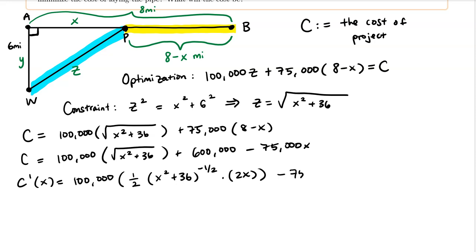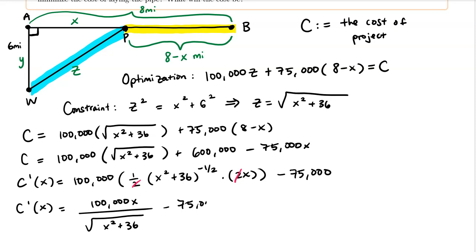And lastly, we have minus 75,000 here. So this 2 and this 2 will cancel out. And if we clean this up a bit, we get c prime of x is equal to 100,000 x over the square root of x squared plus 36, minus 75,000.